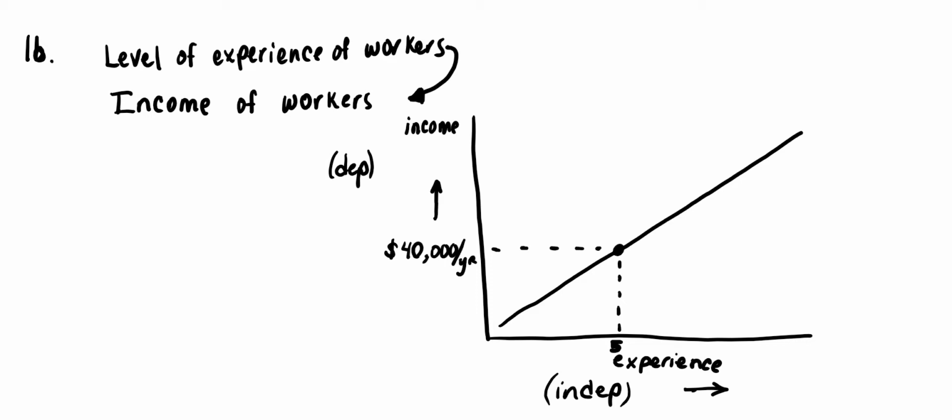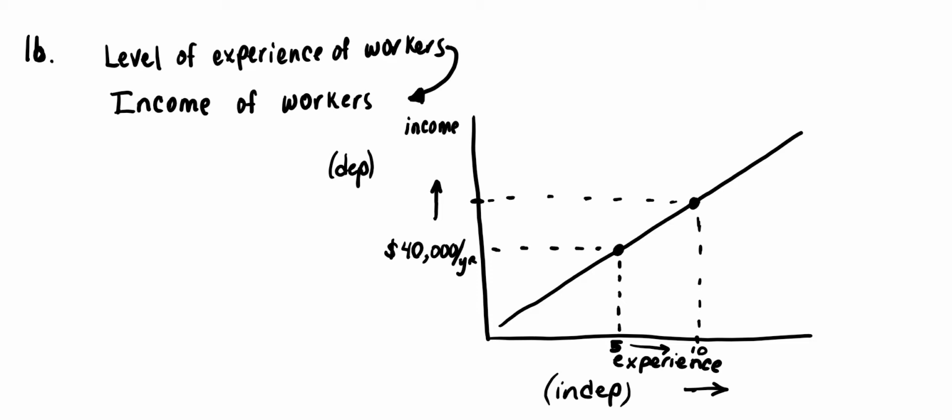Okay. Well, what this line tells me is that let's consider what happens if I move over from 5 and double that. Let's say they have 10 years of experience. Well, in order to find out what their income is according to this line, I have to come up to the line, and that's at this second point here. And then I have to say, okay, well, what's my income? So I'll come across and consider the vertical axis.